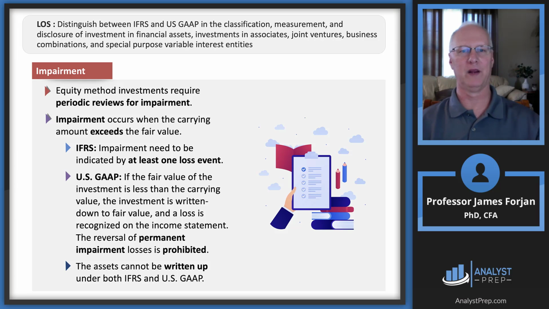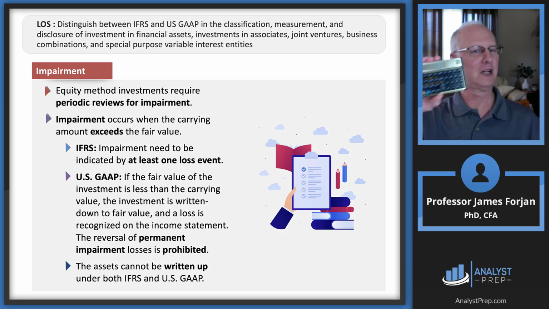Calculator impairment. All right, the equity method investments require periodic reviews for impairment. It occurs when the carrying amount exceeds the fair value. So clearly you're not carrying this calculator at $1,000. Under IFRS, impairment needs to be indicated by at least one loss event.